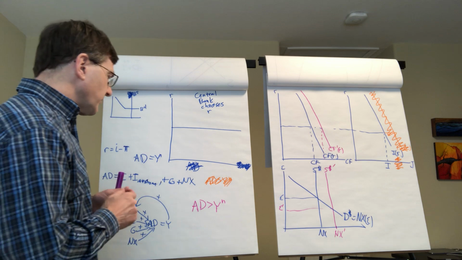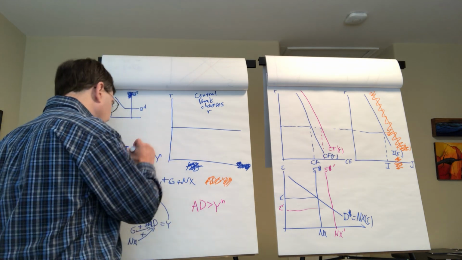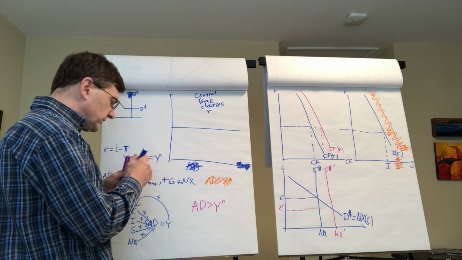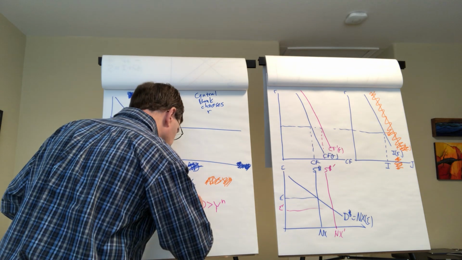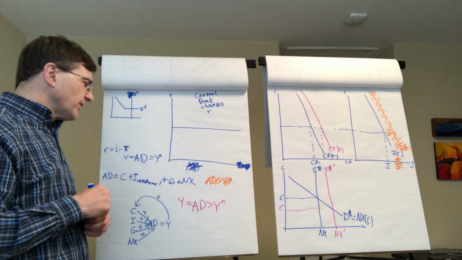The actual level of output was equal to the natural level before. Actual level of output is now greater than the natural level of output.